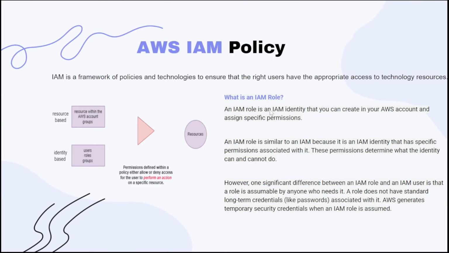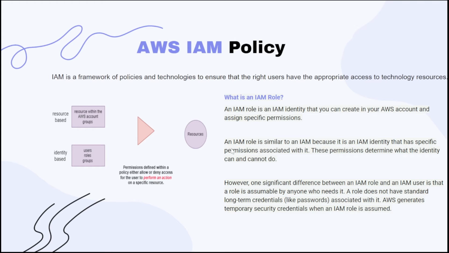So again, a role is an identity that you can create in your AWS account and assign specific permissions to. It's an identity different than a user, different than a group. You can define it in your AWS account, as we will see in the hands-on, assign specific permissions to it, and then give that role to other identities.